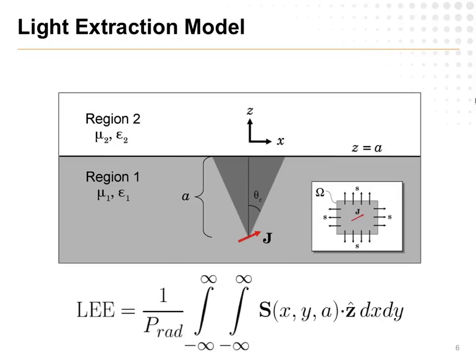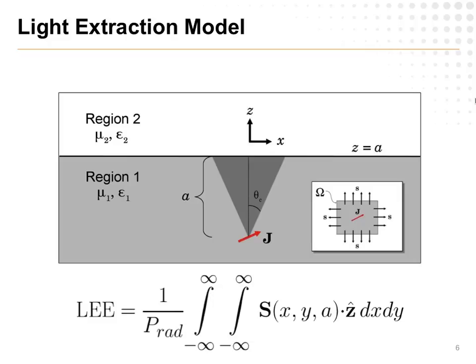However, in principle, it doesn't have to be perfectly flat. It could be a roughened surface texture, or I could put a diffraction grating up there, and that would completely scramble this escape cone. So if I wanted to know how much energy is escaping, I could just integrate all the flux that leaves this top surface. That's what this integral represents: all the power that leaves that top surface at z equals a.